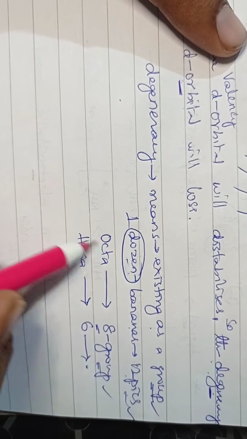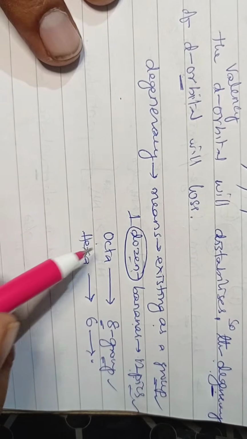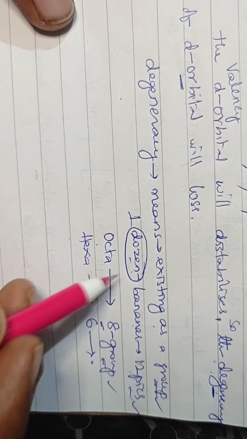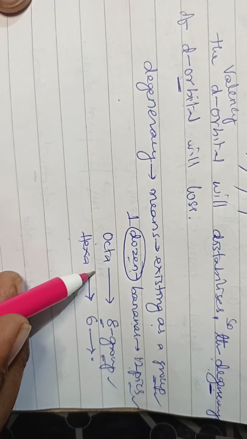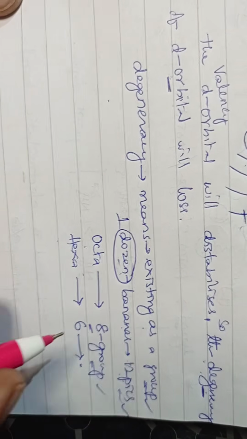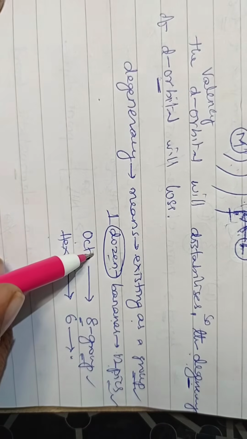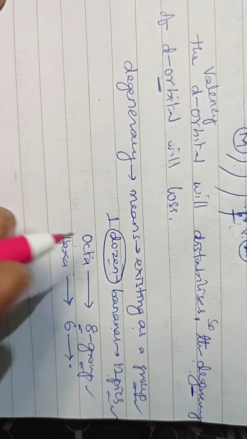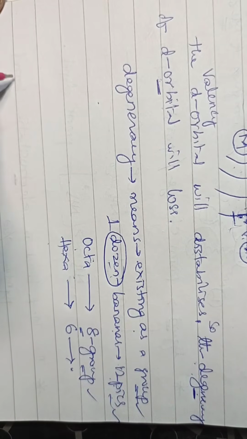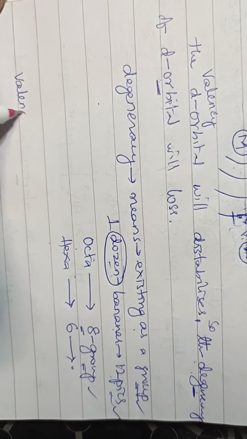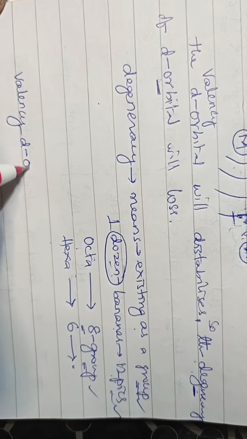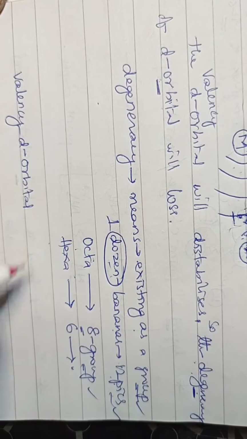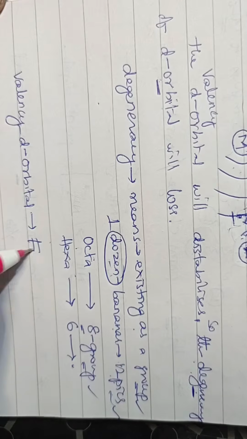All these terms, octa, hexa, dozen, describe the degeneracy of something. So similar to that, when we observe the degeneracy in the valency d orbital, it has a 5-fold degeneracy.